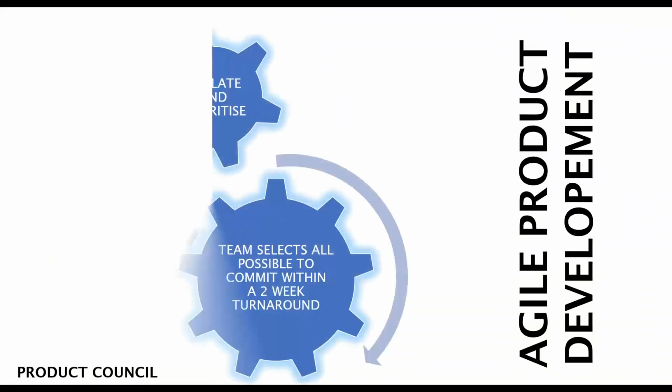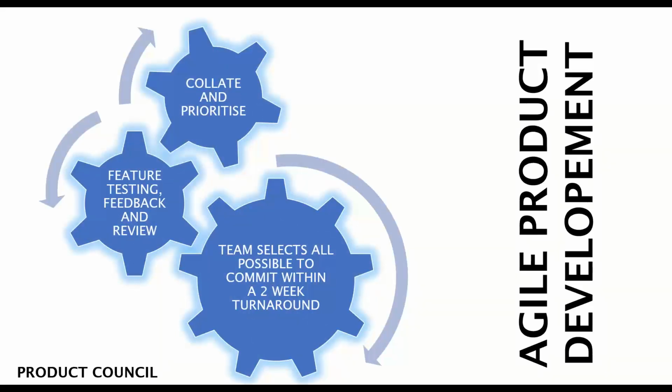Okay, I'm just going to give you a little review here on our agile product development. Here we have this continuing cycle of agile development with short sprints of 2 weeks. We collate and prioritise all the work that we'd like to have done.